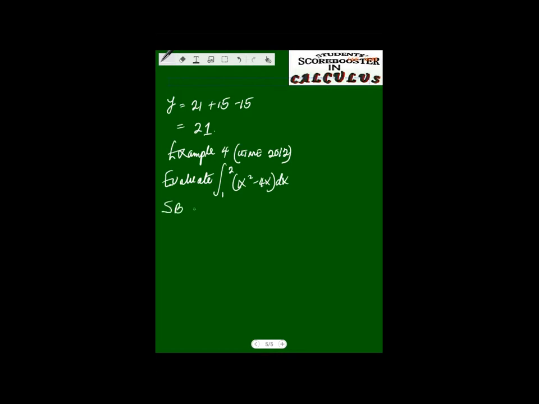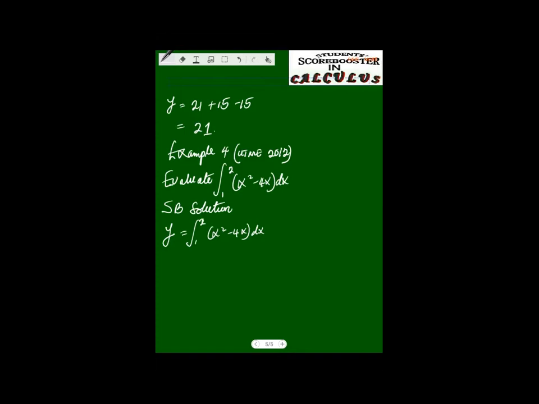So our ScoreBooster solution is like this. We just put it in this form: y is equals to the integral from 1 to 2 of x squared minus 4x dx, right?